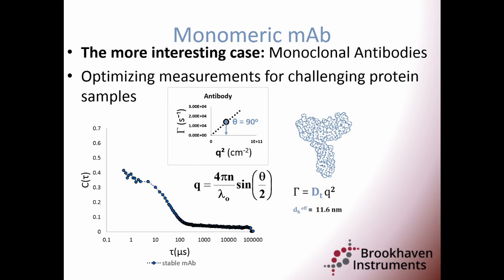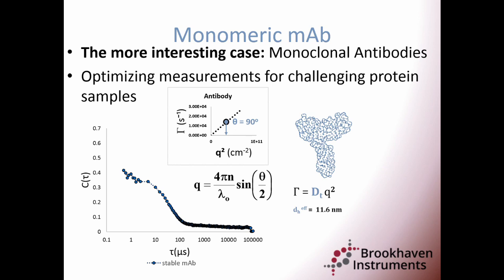We measure one correlation function for a stable, monomeric, monoclonal antibody: no aggregation, no chemical degradation, no disulfide scrambling, a perfectly happy monoclonal antibody measured at a single angle. We get a single effective hydrodynamic size, so the little d sub h is an effective hydrodynamic diameter. We get 12 nanometers, which is consistent with the effective dimensions of the protein.